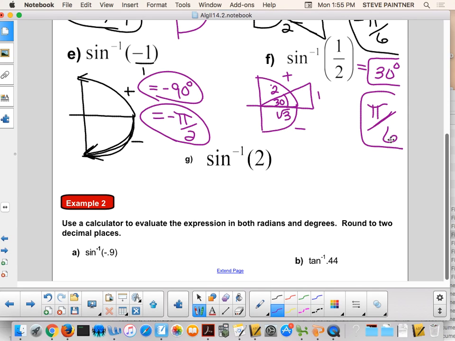Okay, last one. This is the last one you have to do without your calculator. 2 over 1.